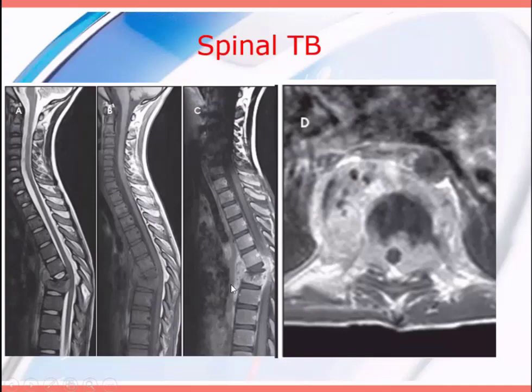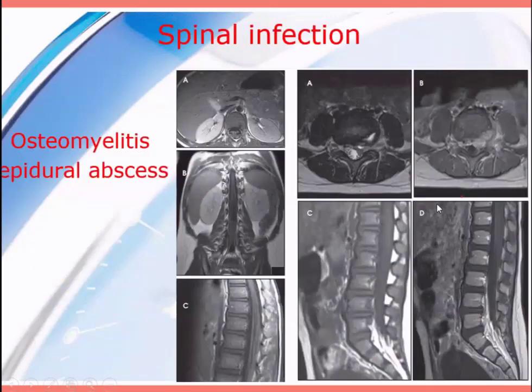Upon contrast administration, there is enhancement of all of these. So it is an epidural abscess, and maybe there is also a cold abscess, and maybe a psoas abscess in this case. So Pott disease is very important, at least in Egypt.